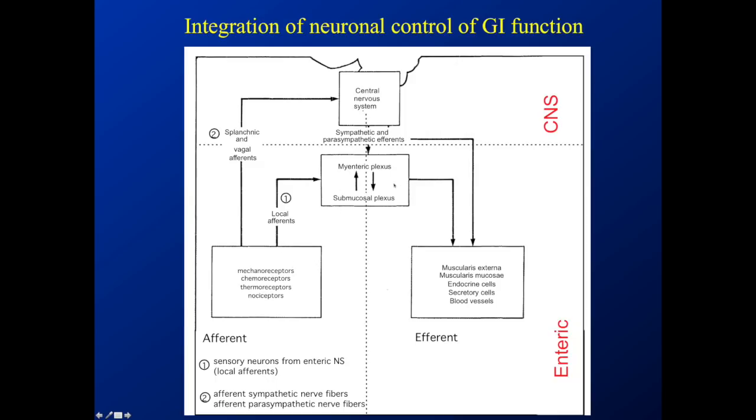If they just go through the myenteric and submucosal plexus, this is local, and this is part of the enteric nervous system. And then if they use splanchnic or vagal afferents into the central nervous system to control the muscular, internal or endocrine cells, then that's long range because it involves both the enteric and the central nervous system.